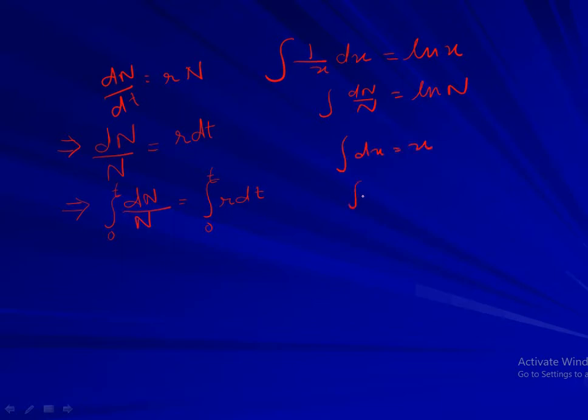So integration of a dx is a times integration of dx, which is ax. Like this, the integration of r dt is r times integration of dt, that is equal to rt.